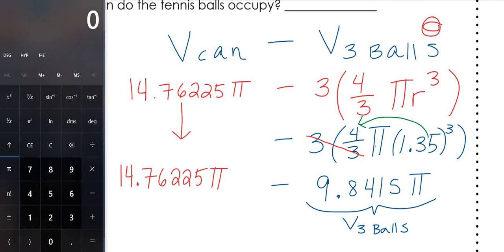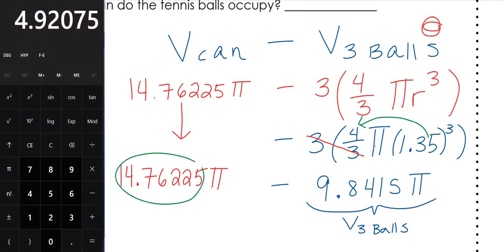Go to the calculator. 14.76225 minus 9.8415 equals 4.92075 pi. Remember, just now all I was doing was I was subtracting the coefficients to pi. But pi is still along for the ride.